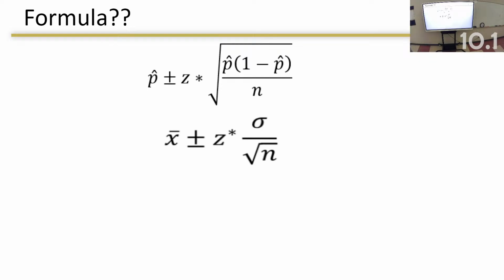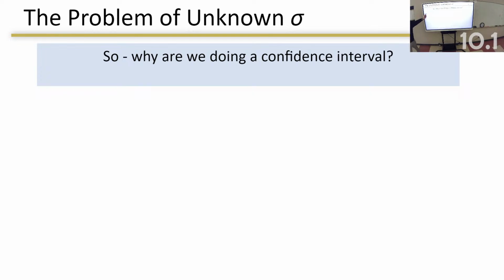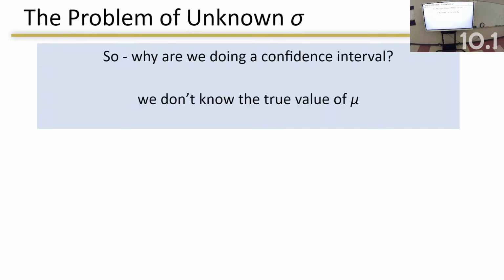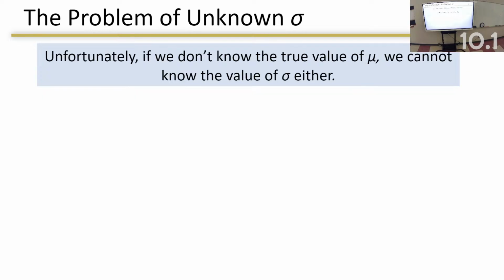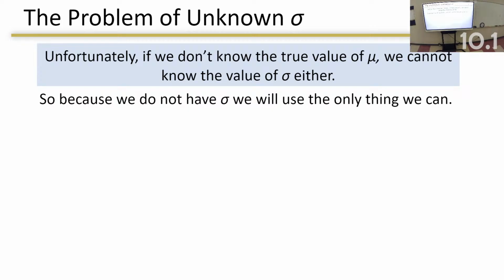We don't know mu, so it's impossible to find sigma, because sigma uses x minus mu. We don't have that. We have x minus x bar, squared, all over this, which is the sample standard deviation. So instead of sigma, it's going to be s. The only thing we have is the standard deviation from our sample.